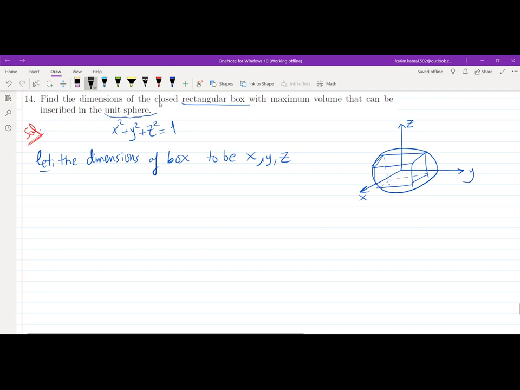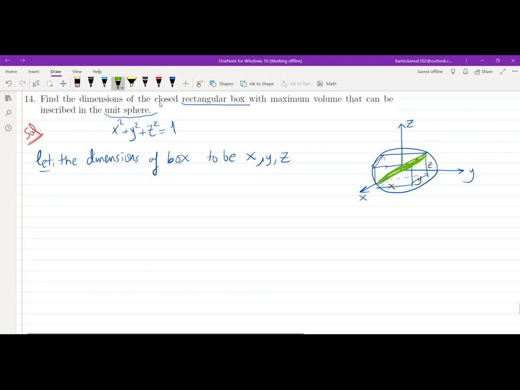In order to inscribe this rectangular box in the sphere, we can inscribe it if and only if the diagonal of the box equals the diameter of the sphere. Here is the diagonal of the box, the green line, which is also the diameter of the sphere.